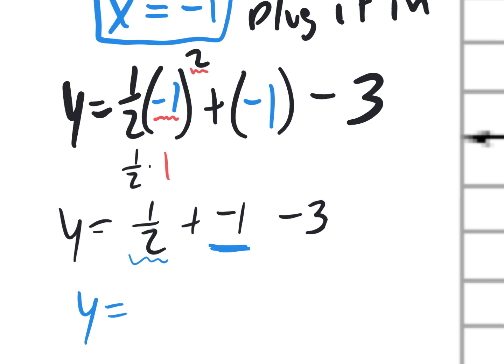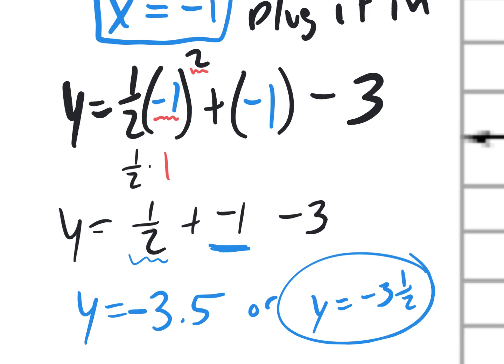Okay, and then you owe another $3, so you're going to owe $3.50. So your y value is really -3.5. Of course, all of this you could do with the calculator. -3.5, or y equals -3 and 1/2. Whatever you want. But there's your y value of your vertex.